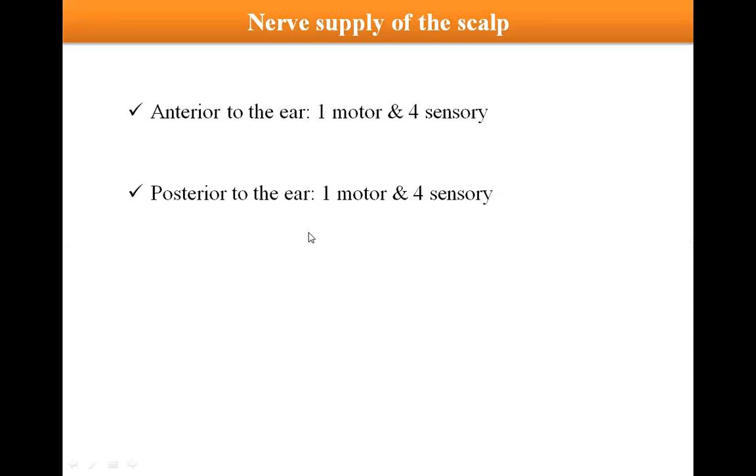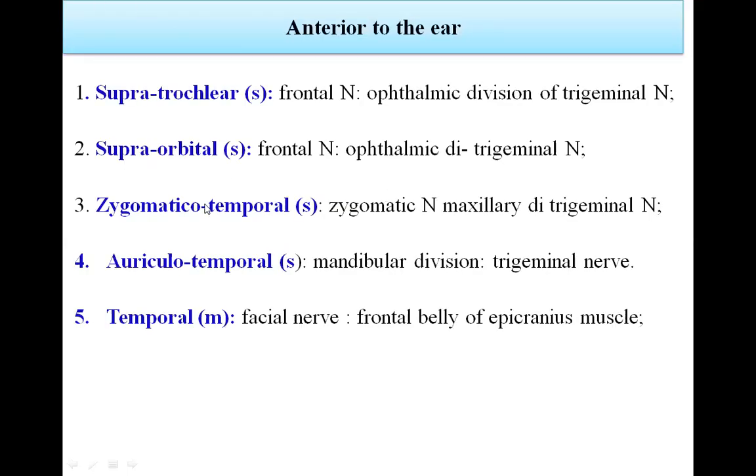Coming to the nerve supply of the scalp. Anterior to the ear, it is supplied by one motor and four sensory nerves. Posterior to the ear, it is also supplied by one motor and four sensory nerves. Anterior to the ear, the scalp is supplied by the supratrochlear, supraorbital, zygomaticotemporal, and auriculotemporal nerves.